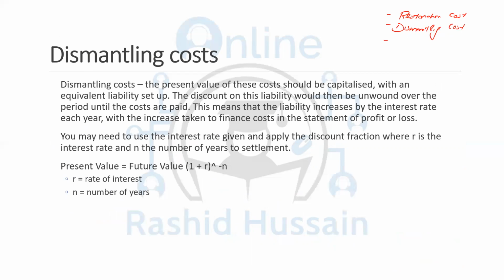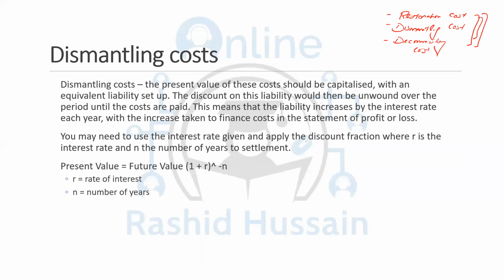This is also known as the decommissioning cost. These are the names of a single cost: restoration, dismantling, and decommissioning. Now, what is the idea behind this? The idea behind this is, let's assume you have installed an asset, whatever asset it is, and you are required to dismantle it at the end of its useful life, at the end of its project, or on the completion of the project, or the completion of the task.